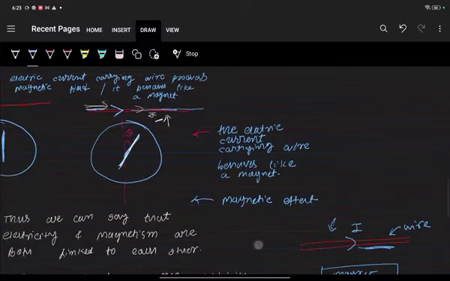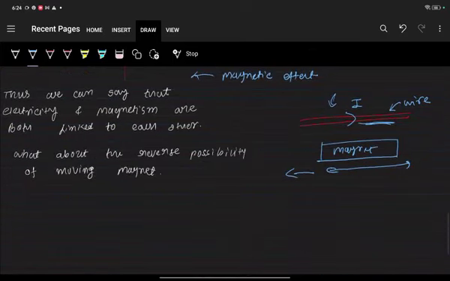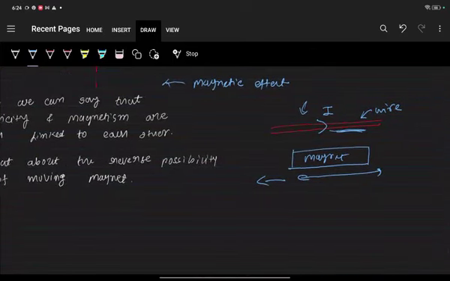If electric current can produce a magnetic effect, then why can't moving a magnet around the wire produce electricity, or electric current? That must also be possible, right? It has to be. Are you getting my point?